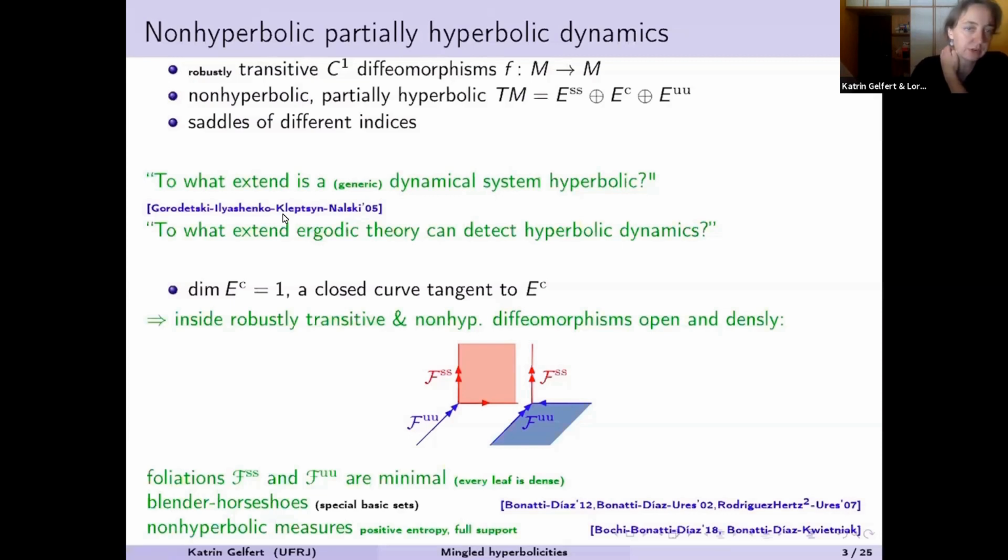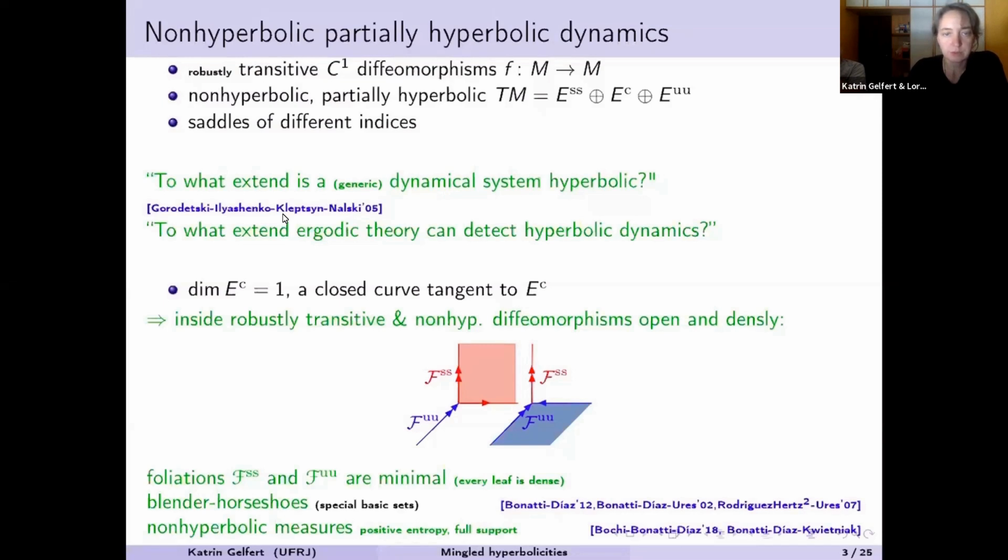Okay, so putting some more conditions, for example, assume that your partially hyperbolic system is of the type that the central direction is one-dimensional, and assume that it's integrable and tangent to closed curves. Well, this seems quite specific hypotheses, but these conditions are open inside a class of robustly transitive and non-hyperbolic diffeomorphisms.